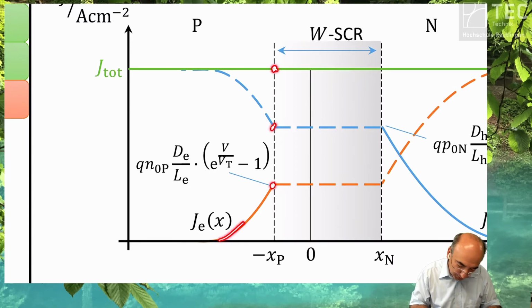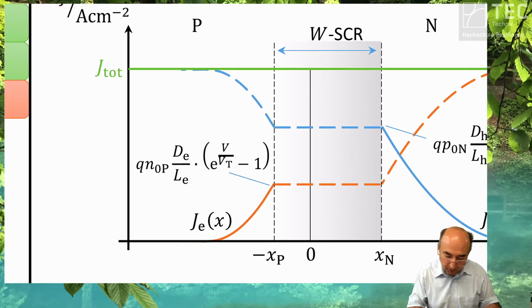So if we can calculate the current from the minorities, we can calculate the current from the majorities because we know the complete current. One moment, I have no idea about this current level, but we know from here.